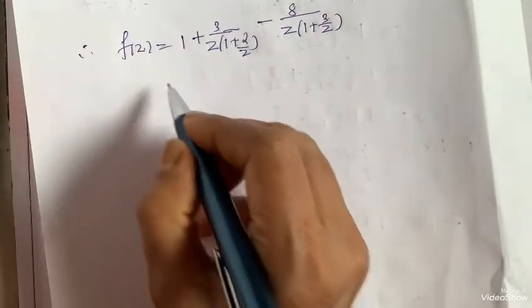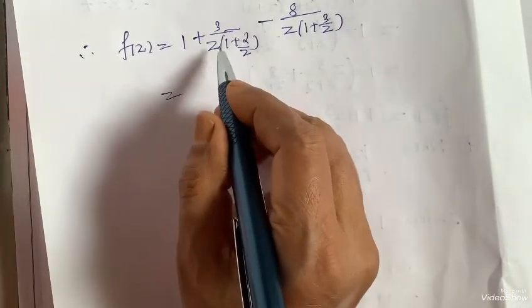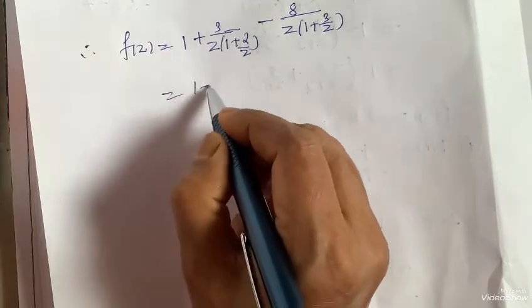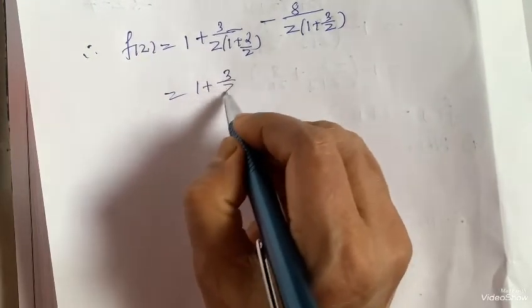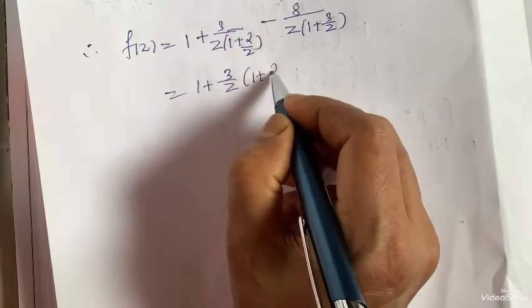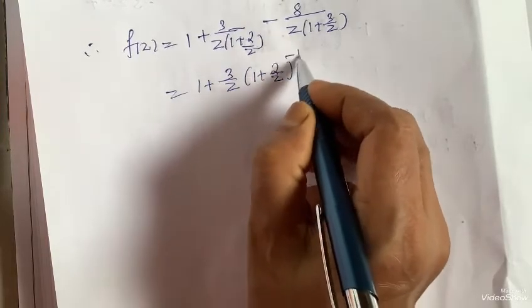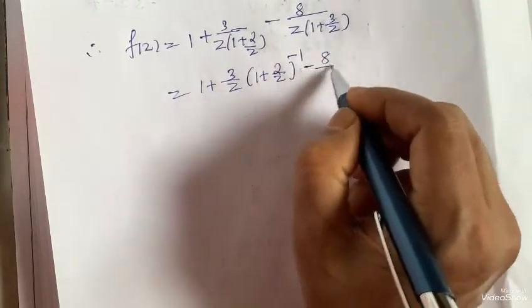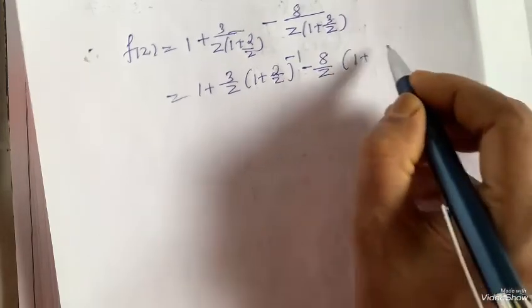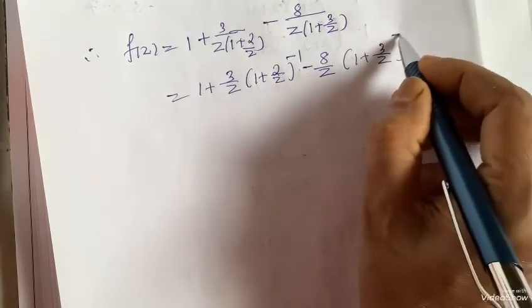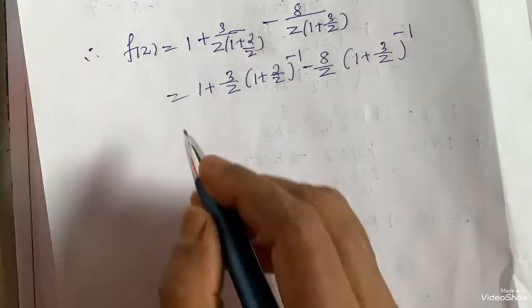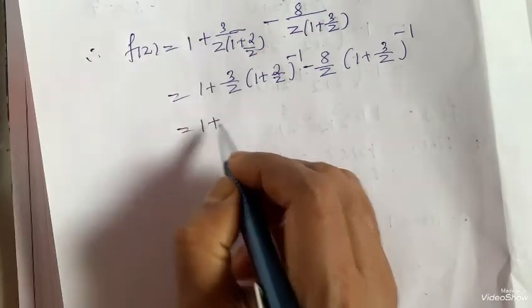So refer to f z, what I have written at the start: 1 plus 3 by z, 1 plus 2 by z raised to minus 1, minus 8 by z, 1 plus 3 by z raised to minus 1. Since you have practiced all this, you can write directly.